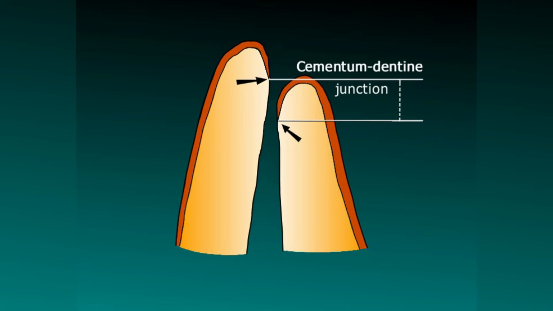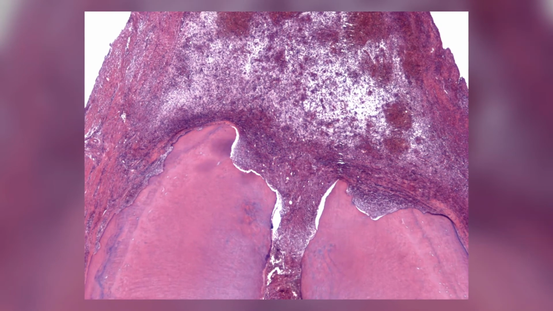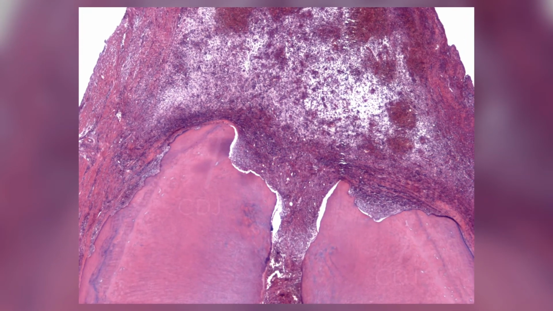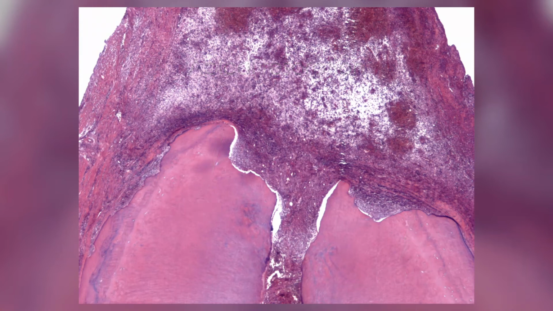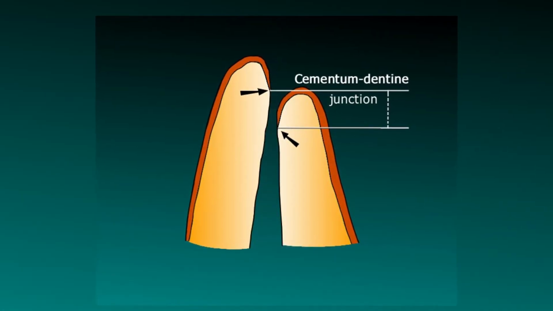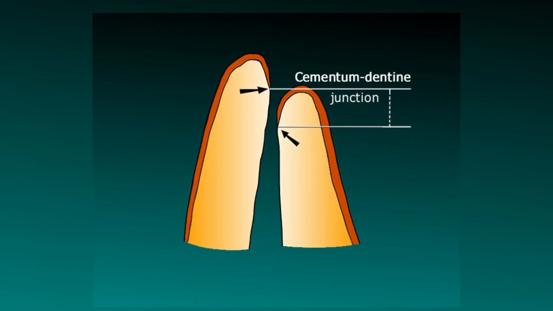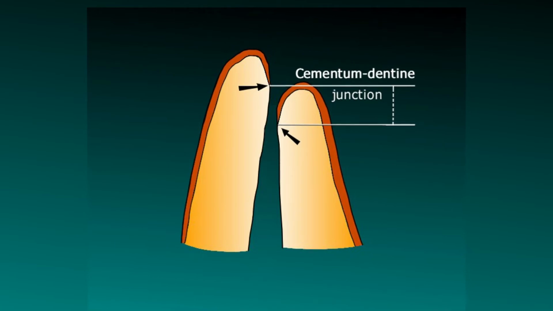And in addition, let me tell you that if you cut a longitudinal section through the foramen, you will see that the cementum-dentin junction on one side of the canal is located at a certain level, and on the opposite side it is located sometimes at a distance of 3-4 millimeters. So it's impossible to locate the cementum-dentin junction. So I really invite you to forget this terminology.